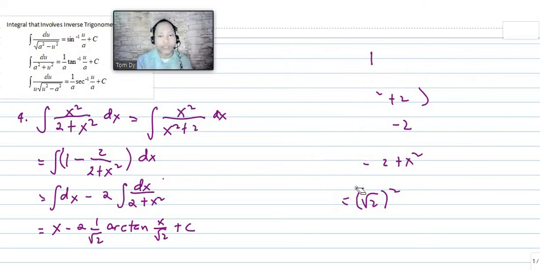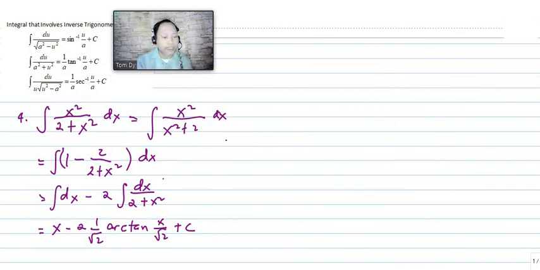So, I will erase this one. Next example is number 5. For number 5, we have dx over x times the square root of x to the 4th minus 16.